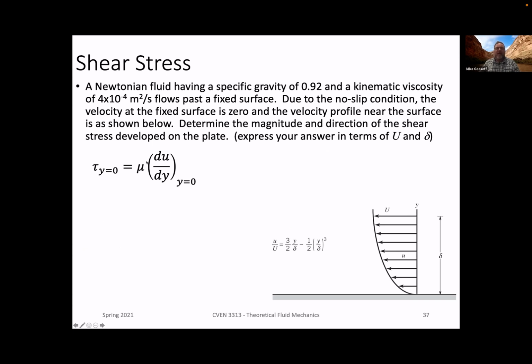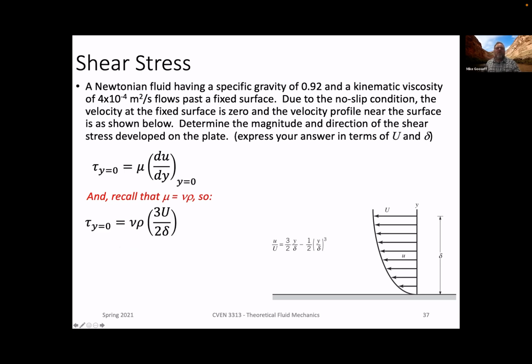We do that by recalling that mu, our dynamic viscosity, divided by density is equal to our kinematic viscosity. If we multiply through by our density, we end up with mu equal to nu, our kinematic viscosity, times the density.